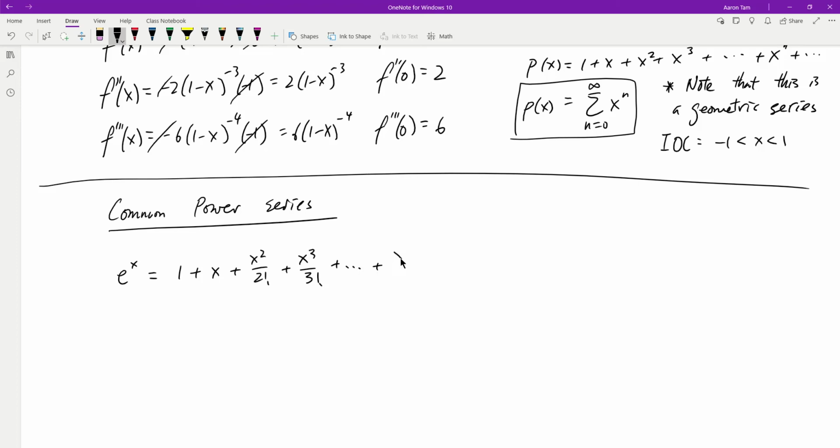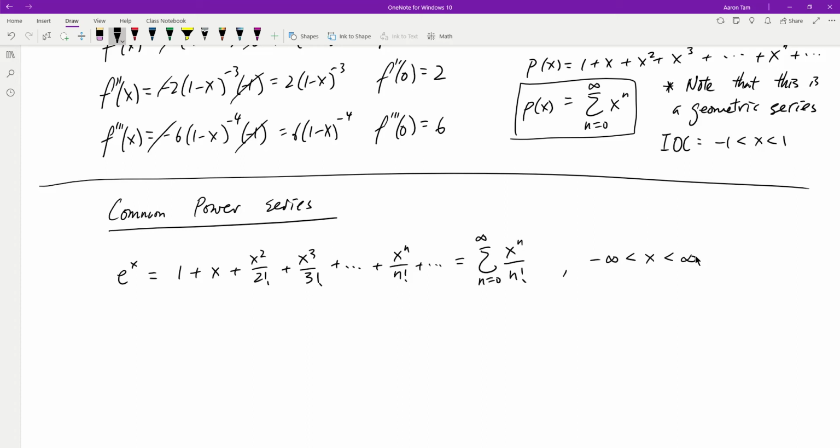The general term is just x to the n over n factorial, and you can write that out as a summation, n from 0 to infinity, x to the n over n factorial. You should also know the interval of convergence, which in this case for e to the x is from negative infinity to positive infinity. So if you have enough terms, you should be able to use this power series to generate the e to the x function almost completely.